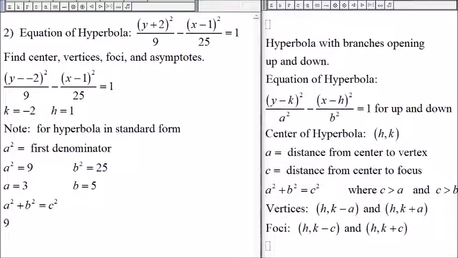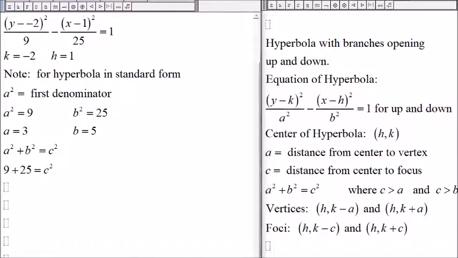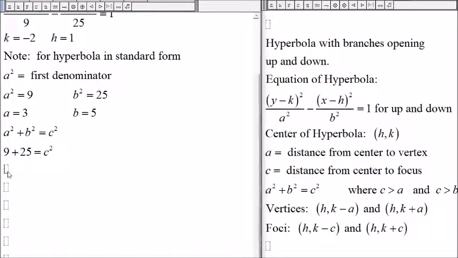And so we get 9 plus 25 is equal to c squared. And so c squared is equal to 34. And then take the square root of both sides. We got c as the square root of 34.